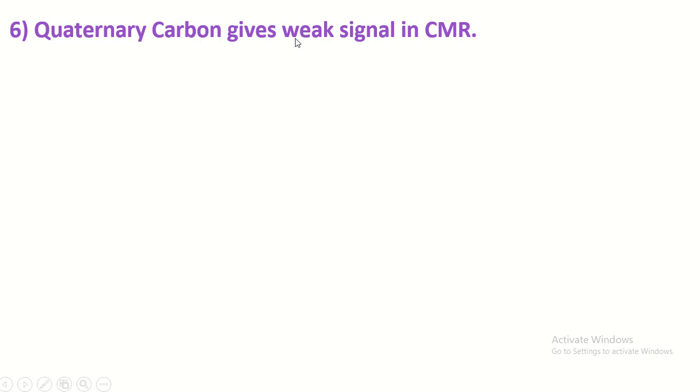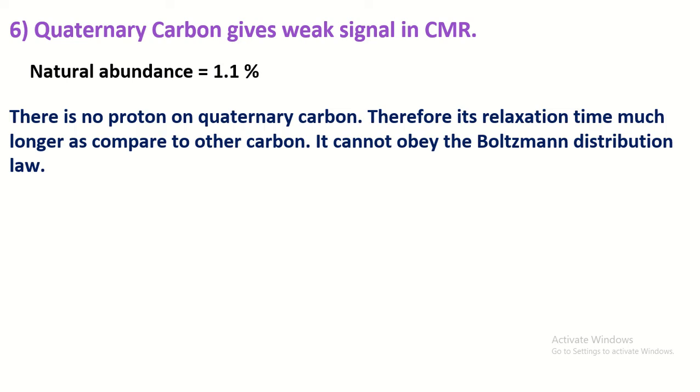Friends, in CMR spectroscopy, the quaternary carbon gives a weak signal. Why does the quaternary carbon give a weak signal? We know that the natural abundance of carbon-13 is the same, that is 1.1%. There is no proton attached to the quaternary carbon.